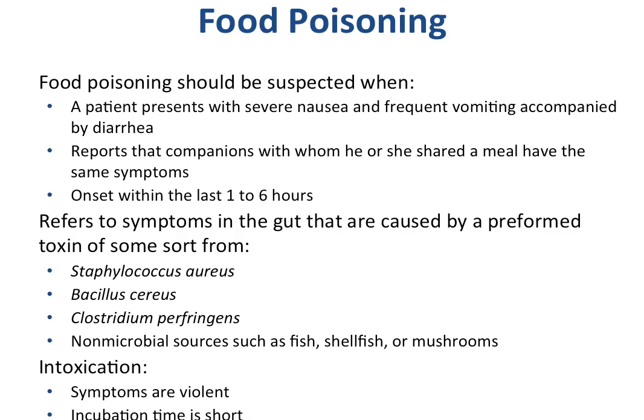If the history shows that they consumed a meal before these symptoms, we have to suspect food poisoning, because certain bacteria can produce toxins that cause this problem, such as Staphylococcus aureus, Bacillus cereus, and Clostridium perfringens, and also non-microbial sources such as fish, shellfish, and mushrooms. So this is a disease induced by toxin.